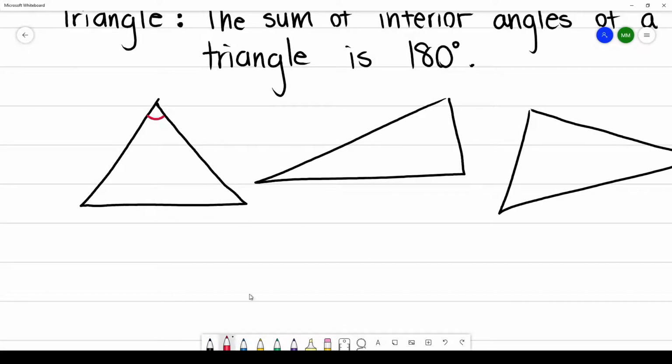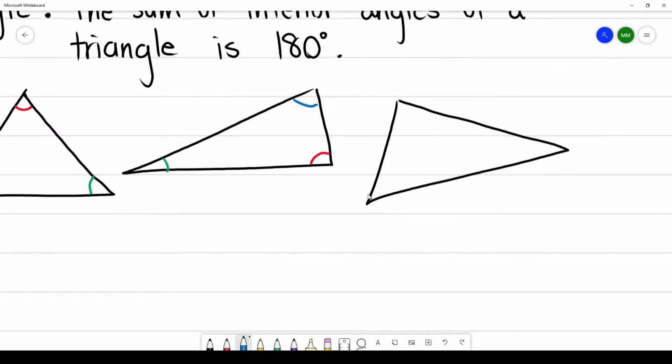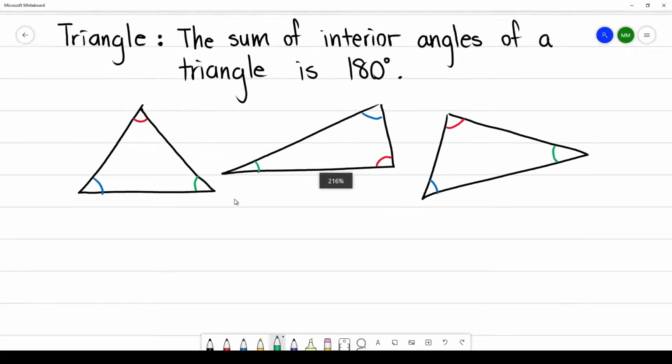So this one, and this one. These are interior angles, okay? And same here. So 1, 2, 3, and here. Again, 1, 2. The triangle has 3 sides, 3 interior angles.